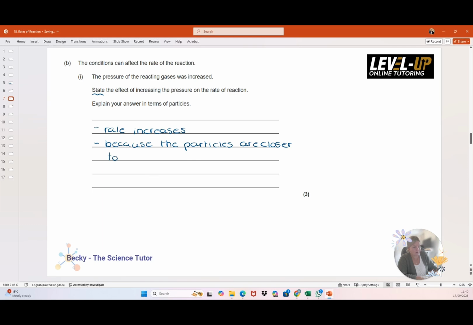Okay, and then I often say, so the particles are closer together, so what? So the frequency of collisions increases.